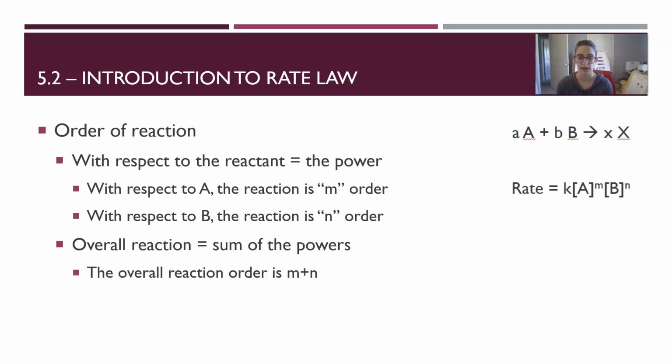With respect to B, the reaction is N order. So with respect to reactant B, N is the exponent or the power, therefore that's the order with respect to B. If we want to look at the order of the overall reaction, we're going to add the two powers together. So the overall reaction order would be M plus N.